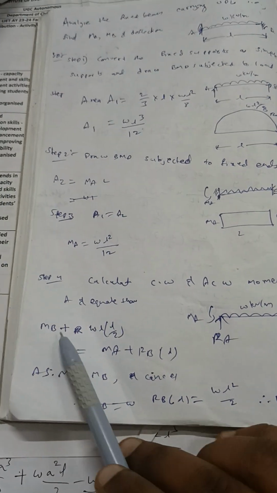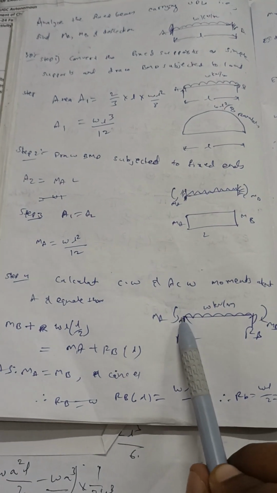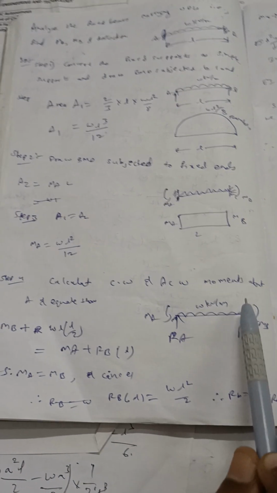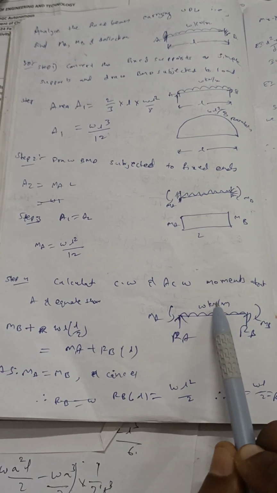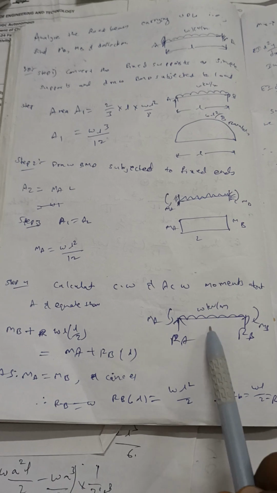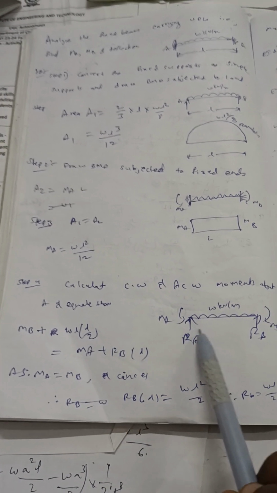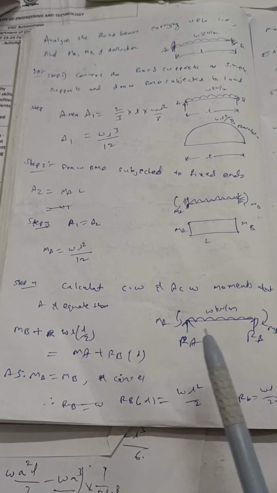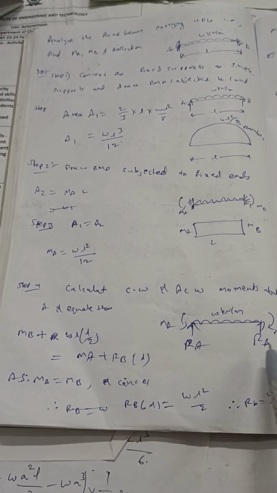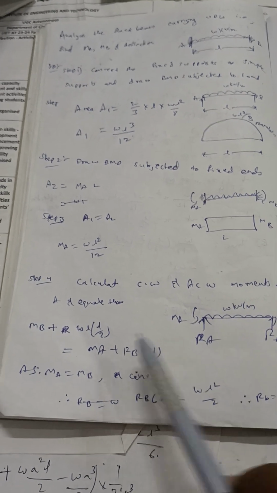See here, what are the clockwise moments? MB and this load into perpendicular distance. So MB plus WL into L by 2, is equal to the anticlockwise moments, MA and RB into L.